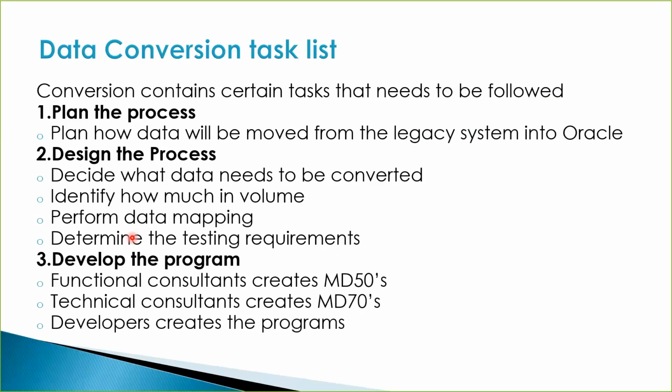Let's say, for example, you're converting supplier records. Assuming the legacy system's supplier records don't have any supplier number, they have something called supplier ID. In the Oracle system, we have the functionality of having a supplier number and supplier name.